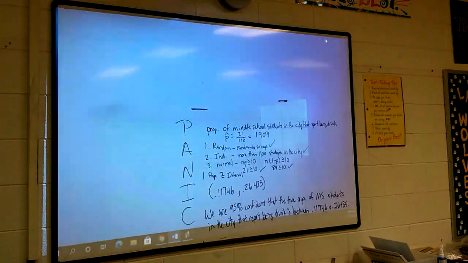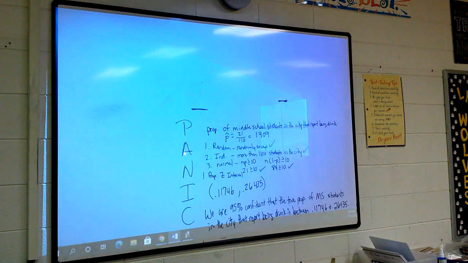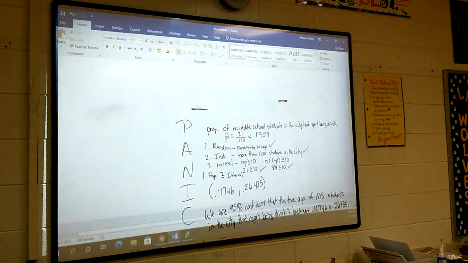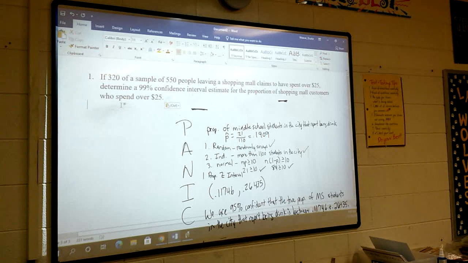Okay, so that is the N for that problem, and then I'm going to give you the last problem that I'd like for you to do today, so I'll move it up here. The last problem for you to do on your own, you can put it at the bottom of that sheet and turn in with it, or however you want to turn it in. I'll read it and then I'll leave you alone for this.